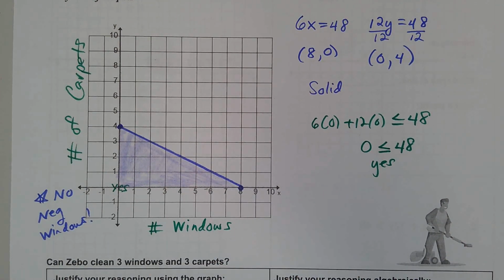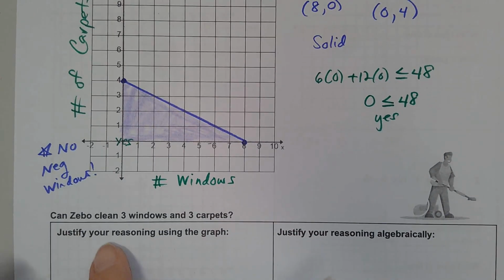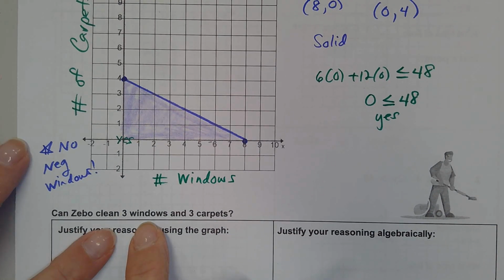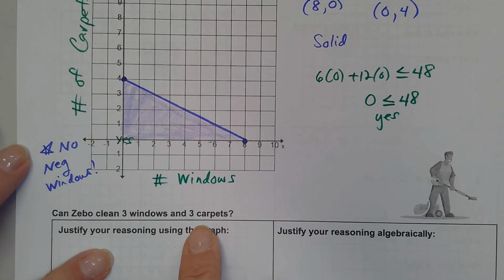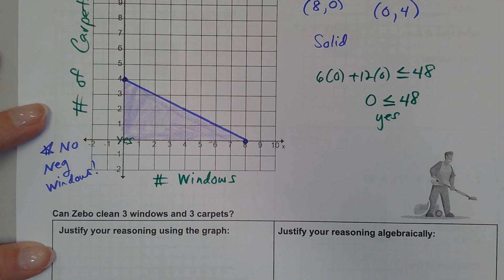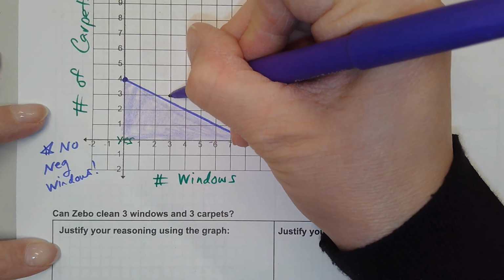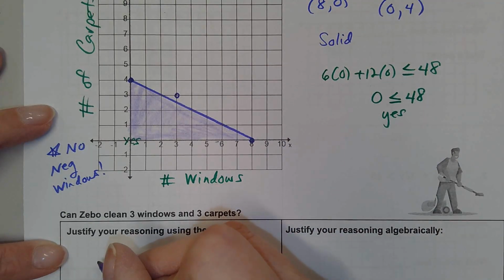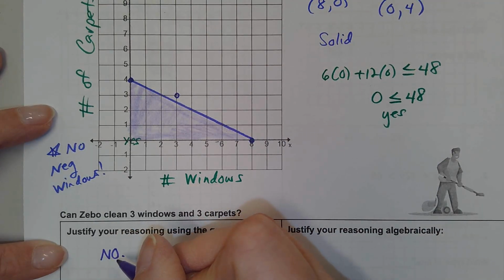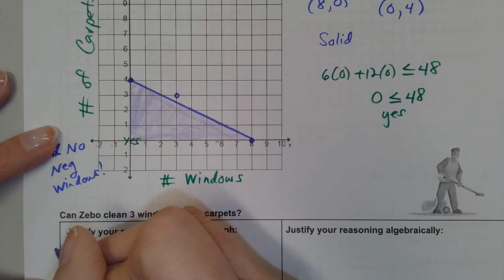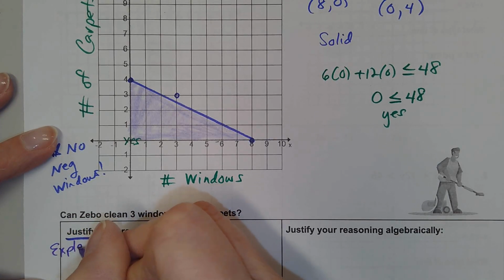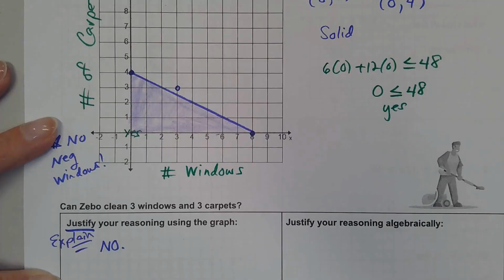We're going to use that to answer some questions. Can Zebo clean 3 windows and 3 carpets? Looking at the graph, can she do that? 3 is right here, and the answer is no. Let's justify. That means you have to explain your reasoning.